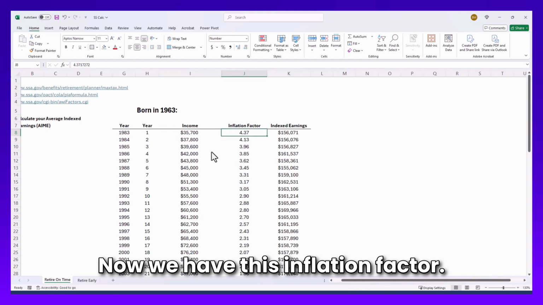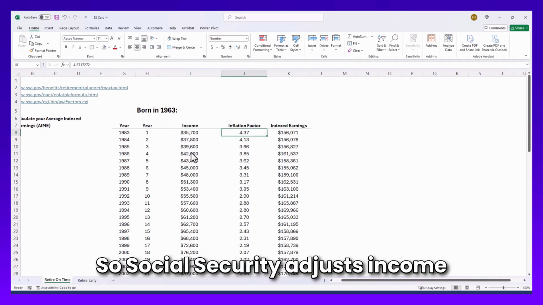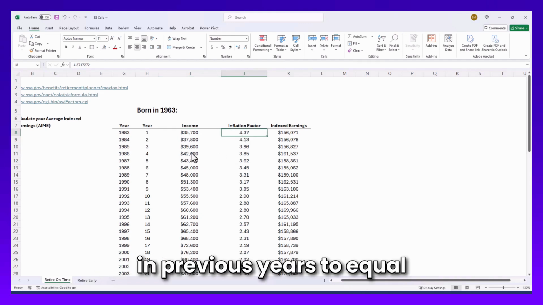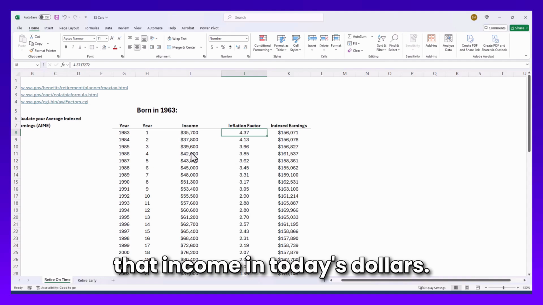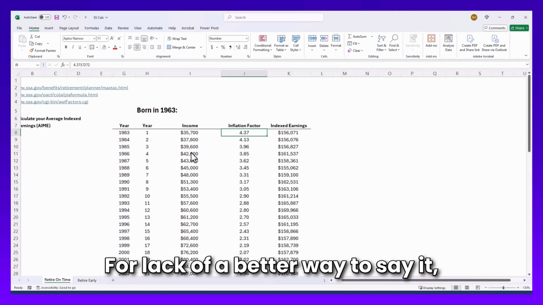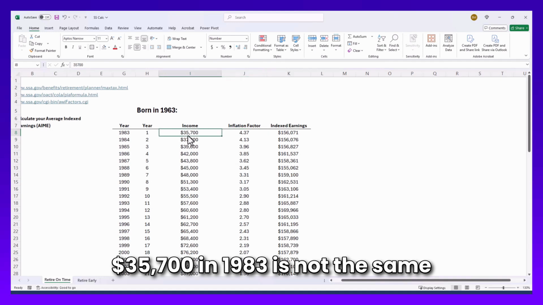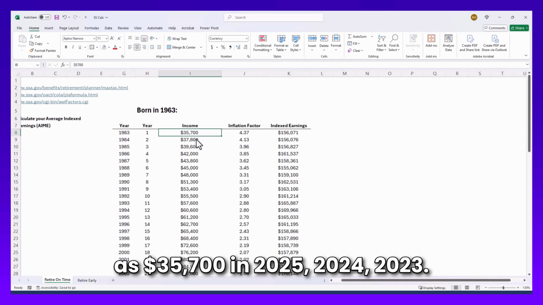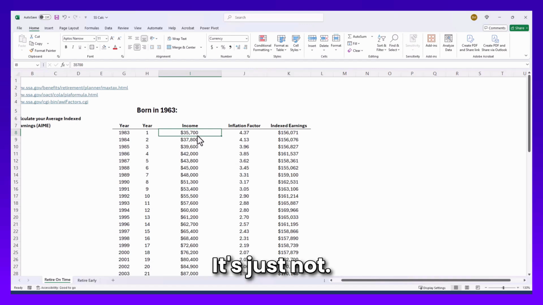Now we have this inflation factor. Social Security adjusts income in previous years to equal that income in today's dollars, for lack of a better way to say it. $35,700 in 1983 is not the same as $35,700 in 2025, 2024, 2023. It's just not.